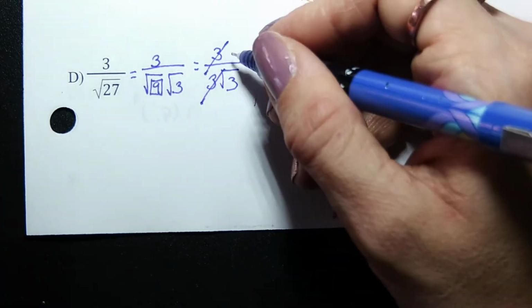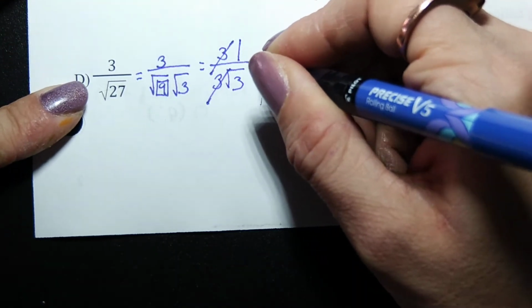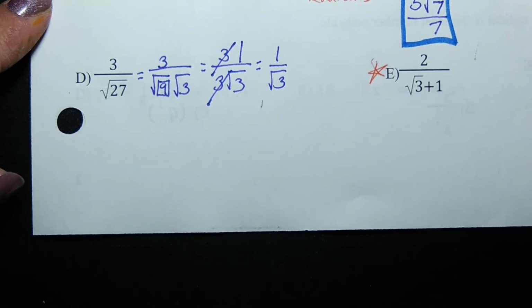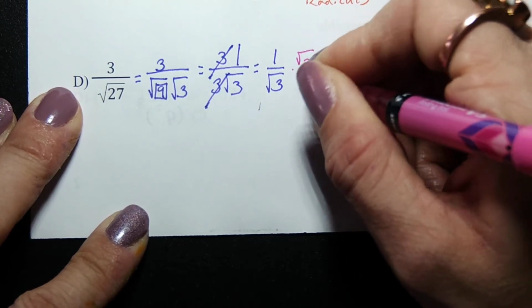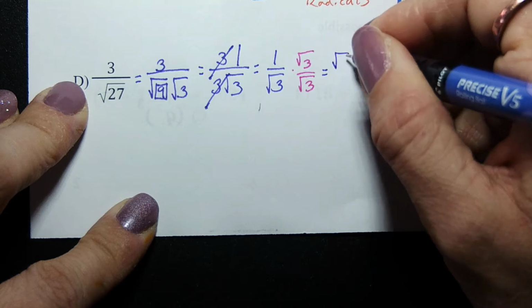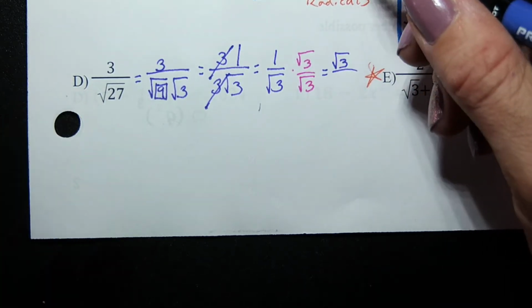We can cross off the 3's, which leaves me with a 1 on the top. So if I have 1 over square root of 3, what do I now multiply by to get rid of the radical? By rad 3 over rad 3, which gives me rad 3 over square root of 9, or 3.